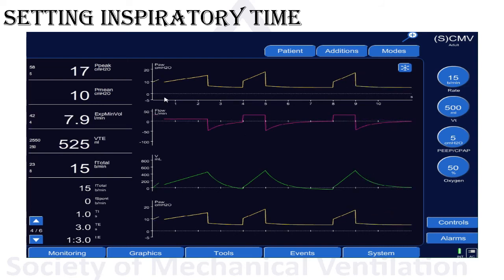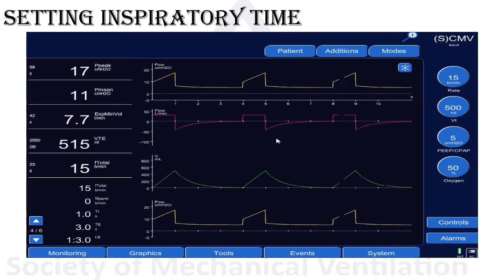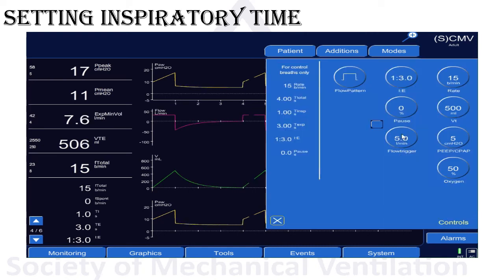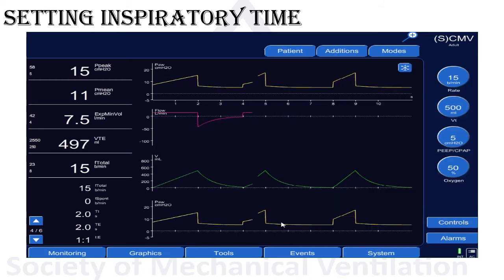Okay, the airway pressure right now is 17. So let's see what the effect of changing the inspiratory time will be on the airway pressure and the flow. All right, so let's go to 1 to 1. Our inspiratory time in the beginning was 1 second, now it's becoming 2 seconds.